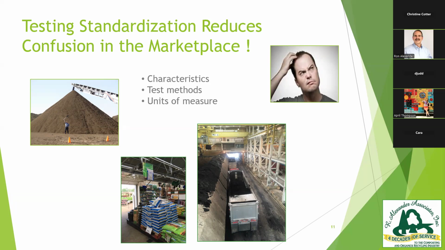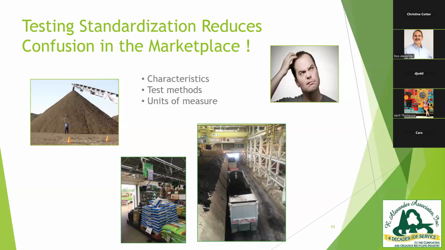Thanks to the growth of the composting industry throughout the US, there are standardized, much better standardized testing labs out there to test soil amendments. And the beauty of standardizing some of these test packages is it's easier to teach people how to understand them, and it reduces market confusion.